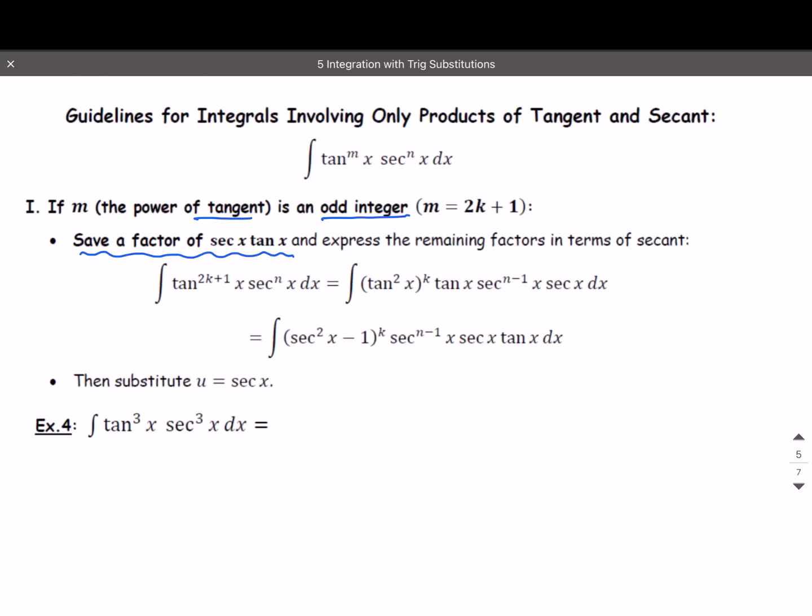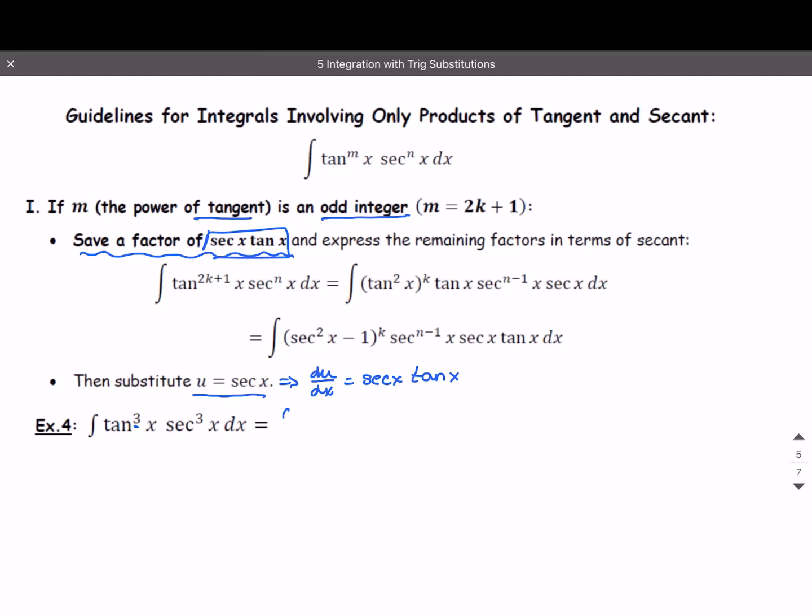And we're going to take now the even part of the tangent. We're going to turn that into some form with a secant squared, and then we let the u be secant x. Why did we have to save secant x tan x? Because the derivative of secant x is secant x tan x. Okay, so when we have the integral of tan cubed x times secant cubed x, we have tangent with an odd exponent.